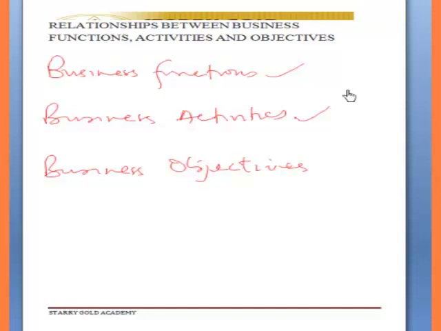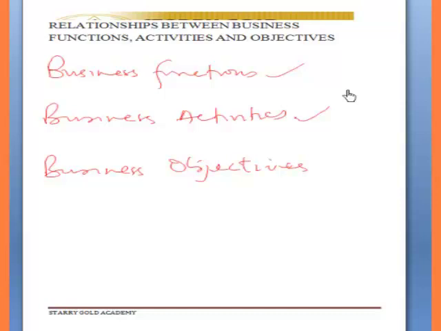So this simply shows that there is a clear-cut, significant relationship between business functions, business activities, and business objectives. All these concepts are interrelated, intertwined, and interdependent.